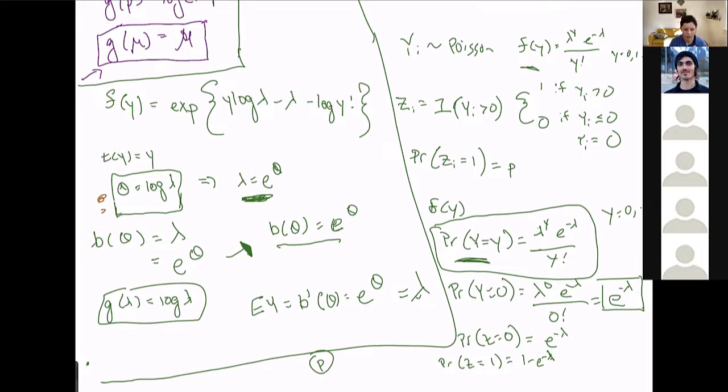Are you asking if it matters if you put the likelihood in terms of lambda? I'm asking if it matters if the probability is like an 80% chance of 1 and 20% chance of 0. If it matters if you use the probability of 0 versus the probability of 1.